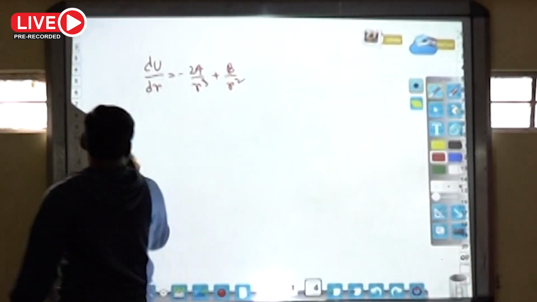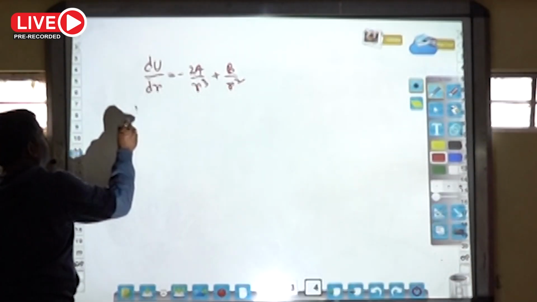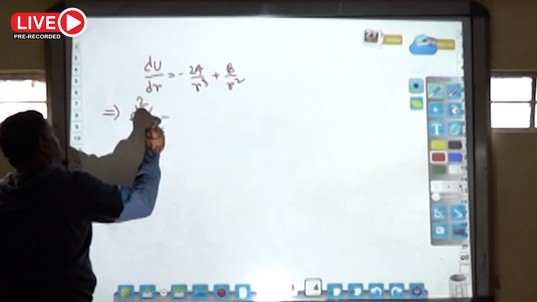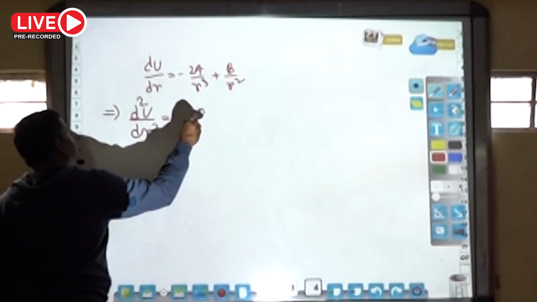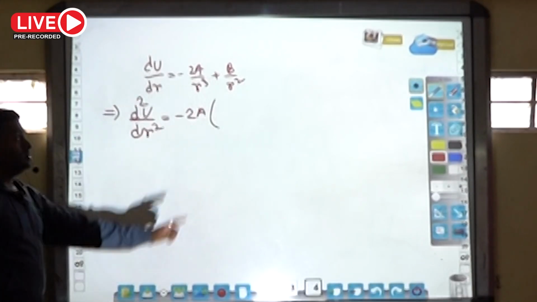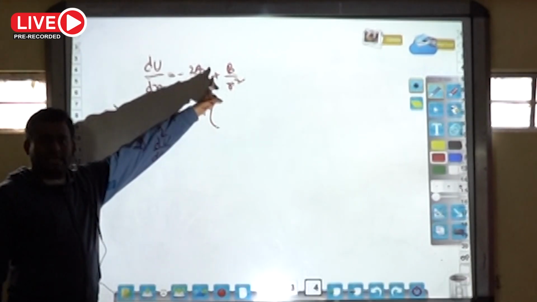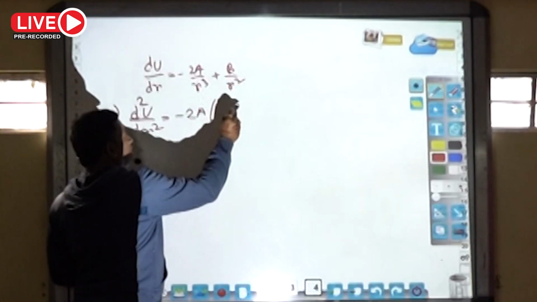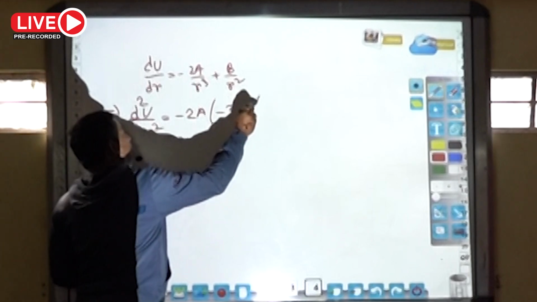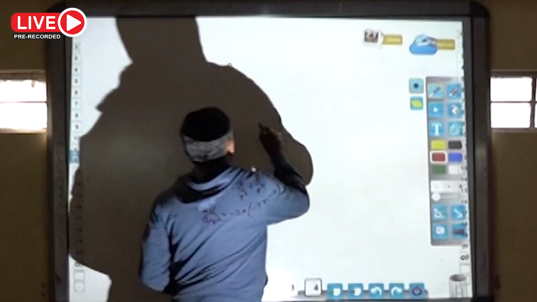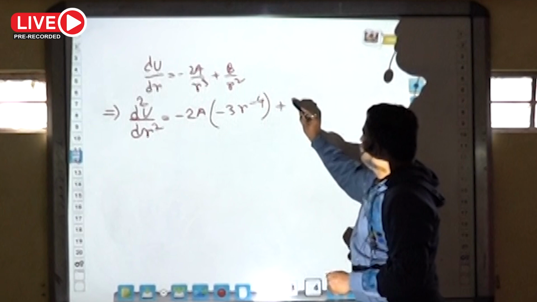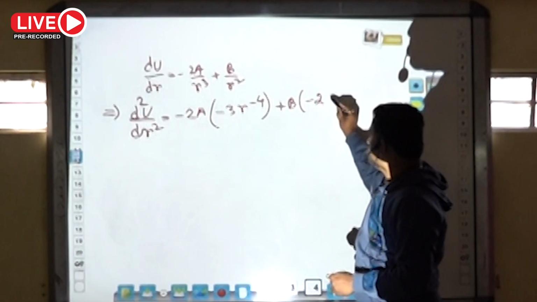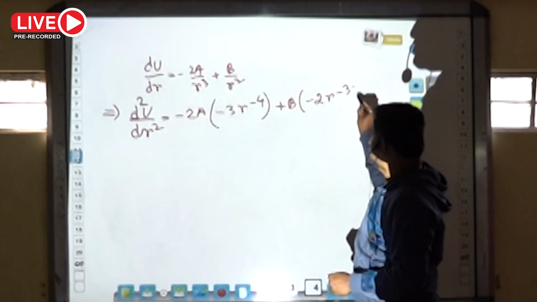So if I take the second derivative, d2U/dr2, this will be minus 2a, and r to the power minus 3's derivative will be minus 3 r to the power minus 4, plus b into r to the power minus 2's derivative, so minus 2 r to the power minus 3.